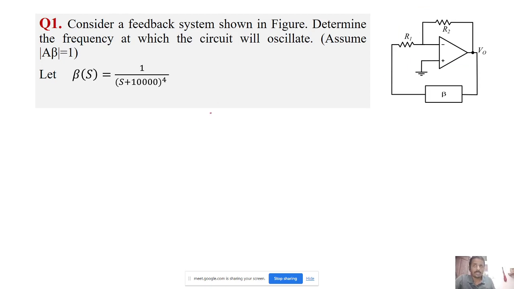According to the Barkhausen criterion, the circuit should satisfy two conditions.